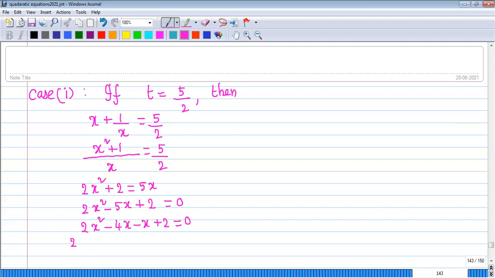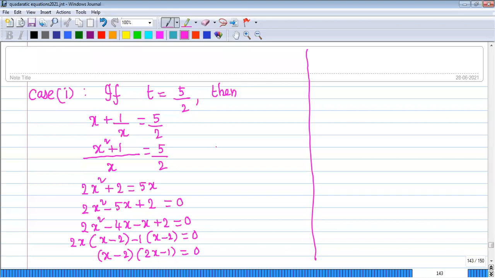So 2x common, we have 2x(x − 2), minus 1 common, −1(x − 2) equals 0. So we get (x − 2)(2x − 1) equals 0. Therefore x − 2 = 0 gives x = 2, and 2x − 1 = 0 gives x = 1 by 2.